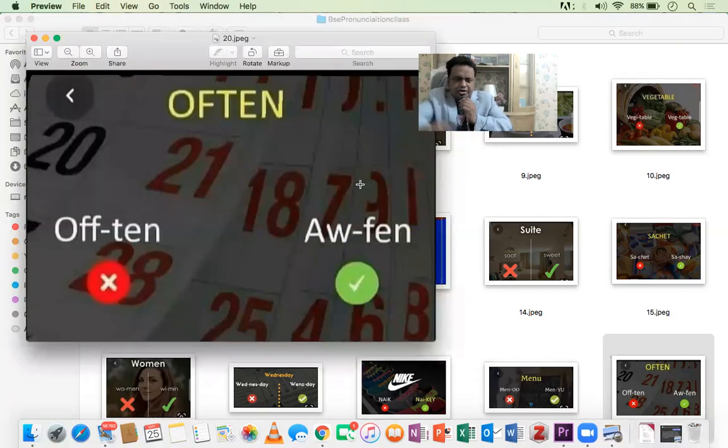Now another one we got is often. But one thing I would like to make clear, in the UK, every 23 miles we have a different accent. In the south of England, like Surrey and Kent, they have a modern RP sound.